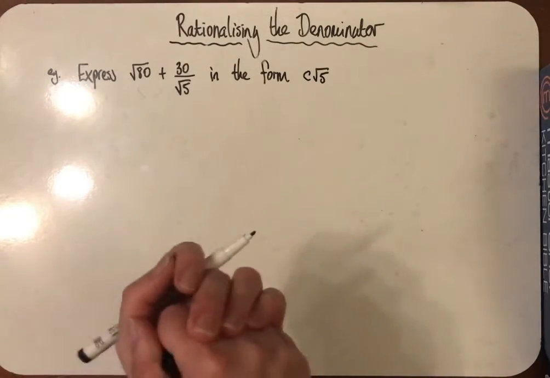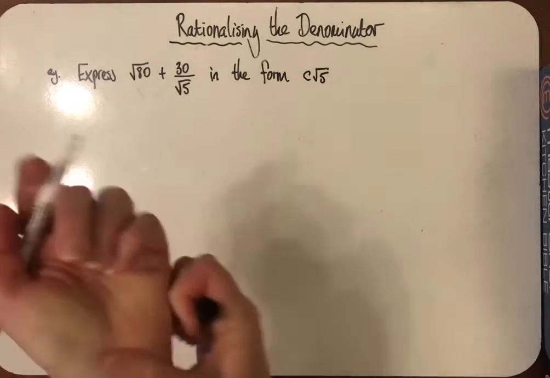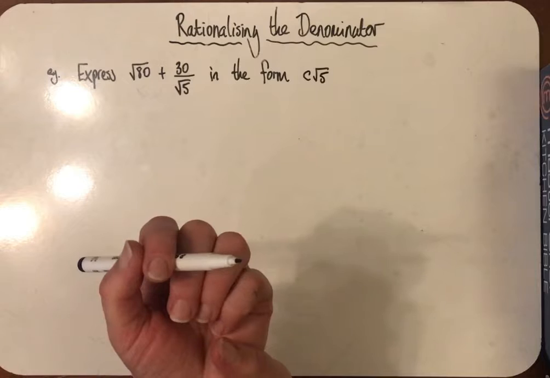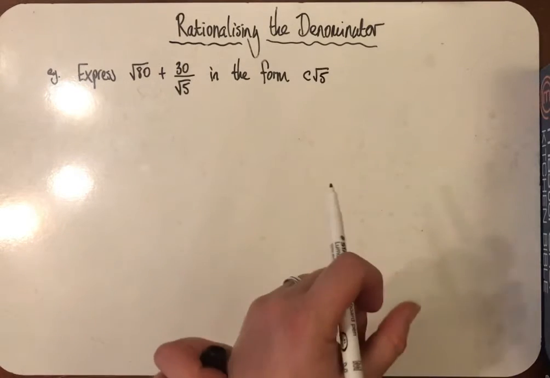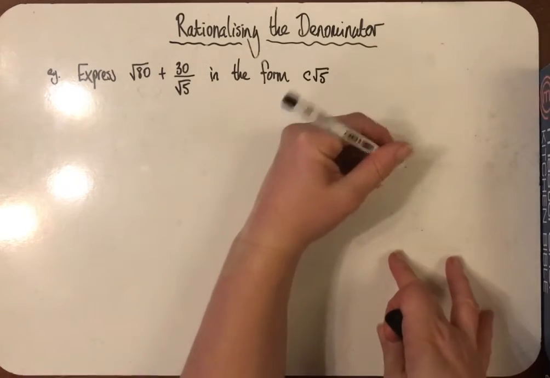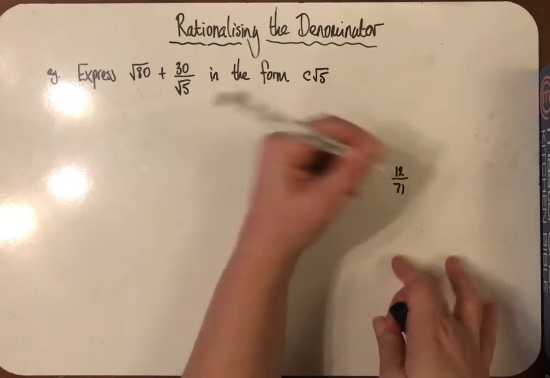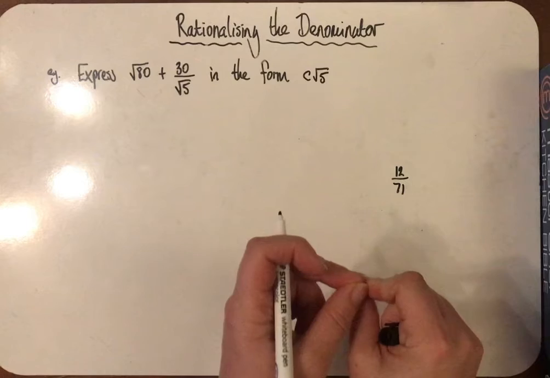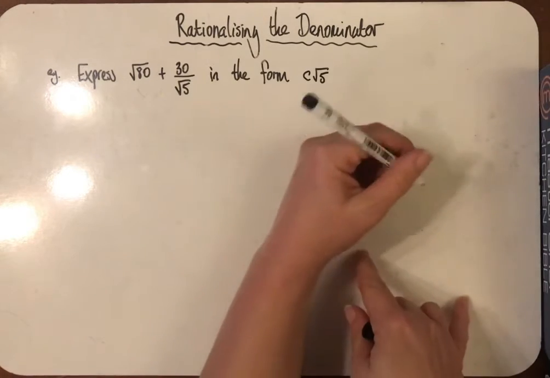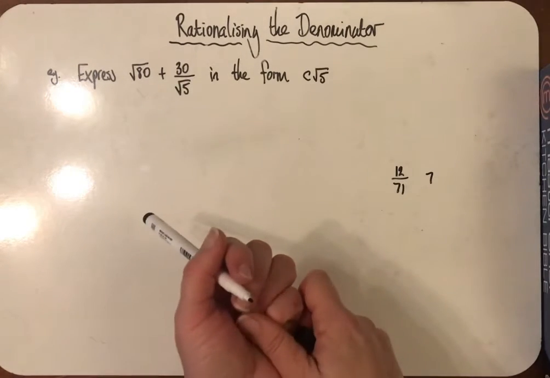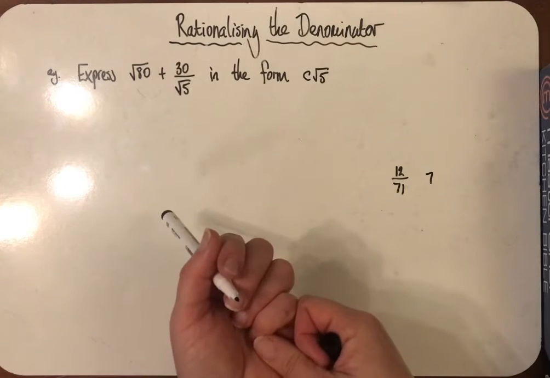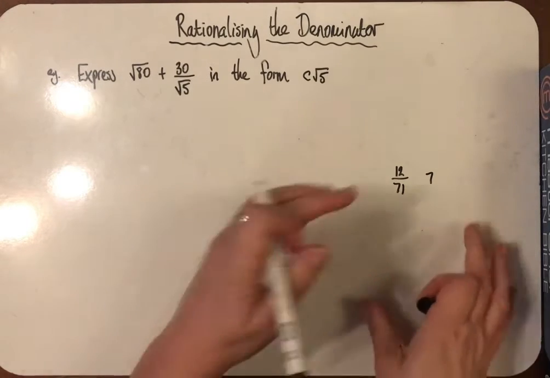So rationalising the denominator, if you think about what this means, a rational number is a fraction with integer numerator and denominator. So something like 12 over 71 is a rational number. The rational numbers include the integers as well, but they don't include any irrational numbers like pi and root 2, etc. They're called irrational numbers.